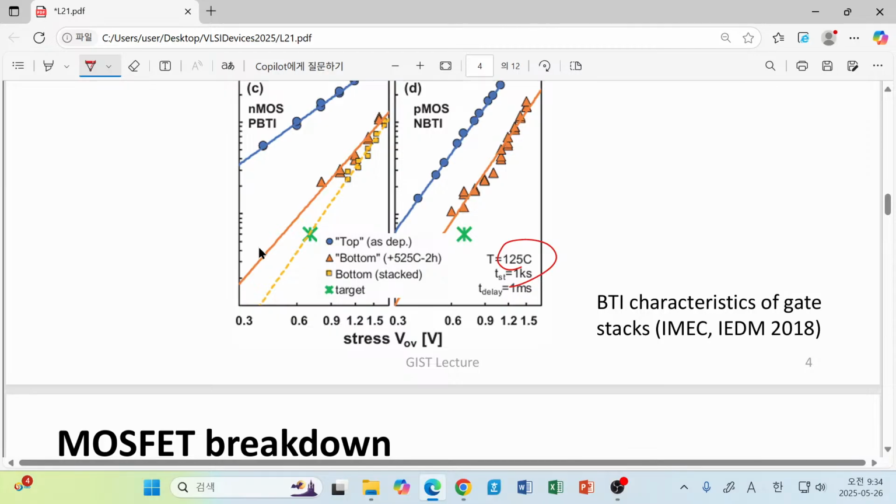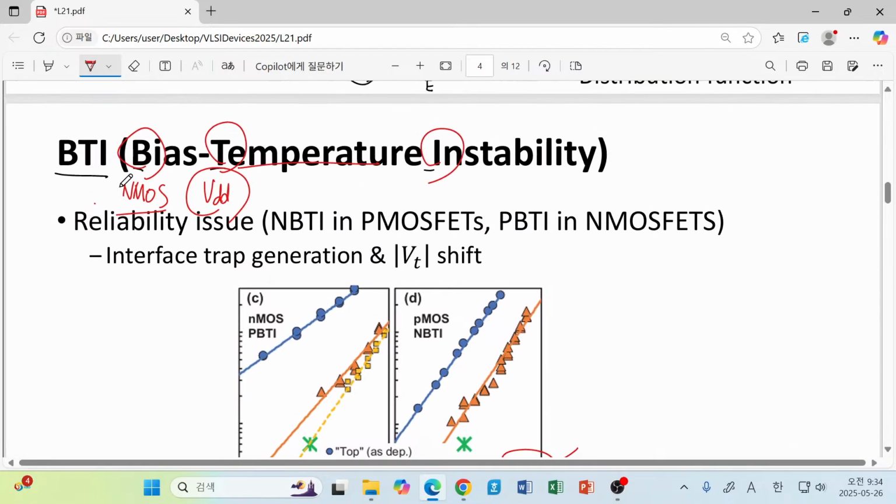So 125 is, of course, a high temperature compared to 25 Celsius, but this is also within the allowed temperature range.